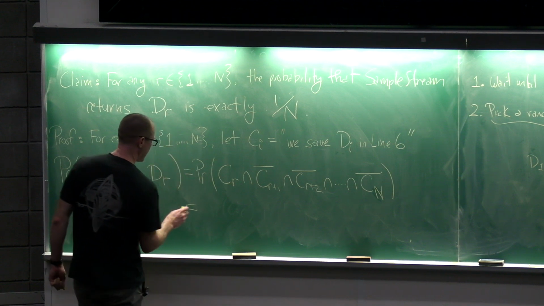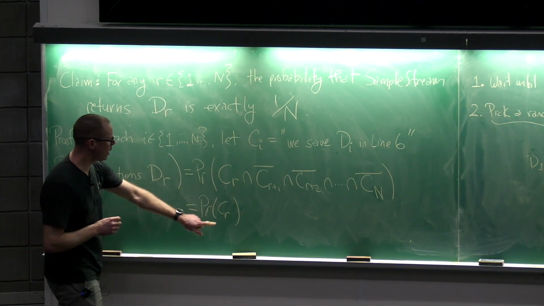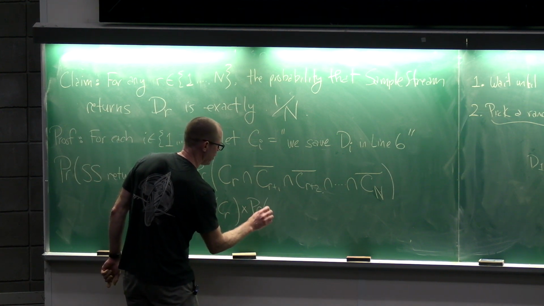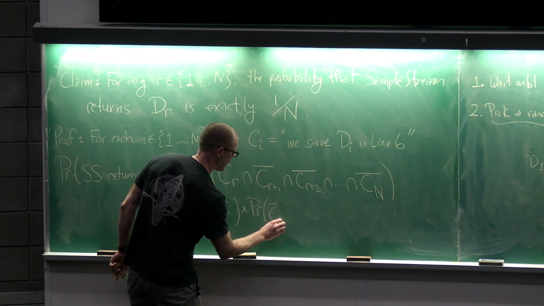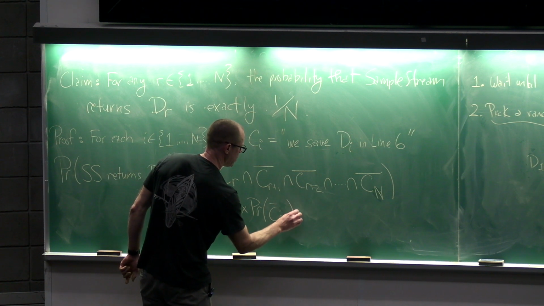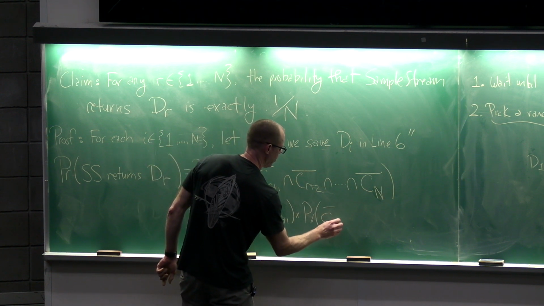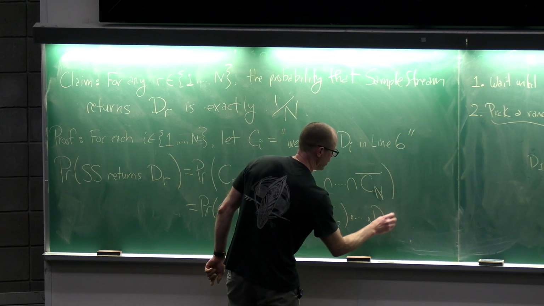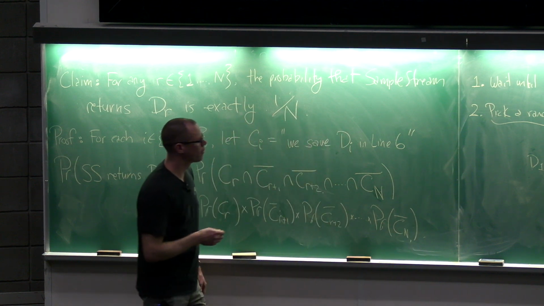So if that's the case, then we're just interested in the probability of Cr times the probability of not Cr plus 1 times the probability of not Cr plus 2, all the way up to the probability of not Cn.